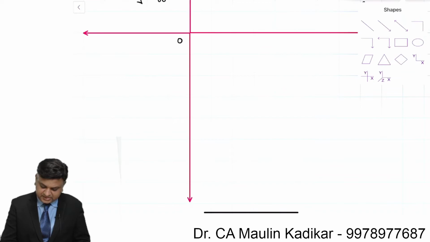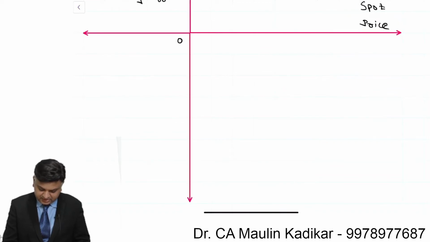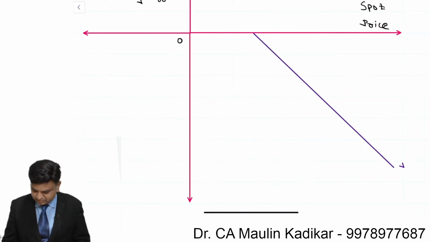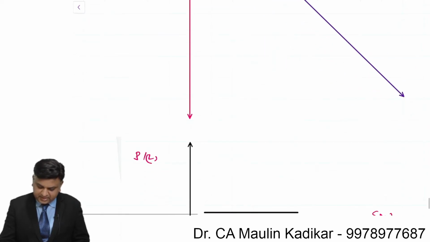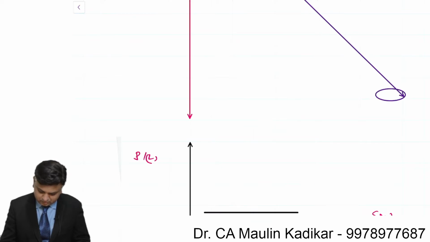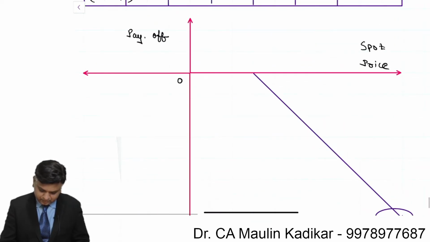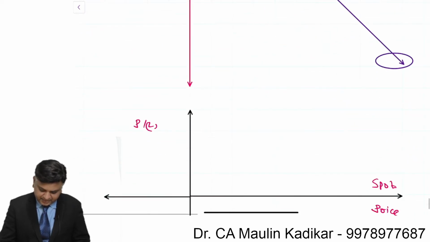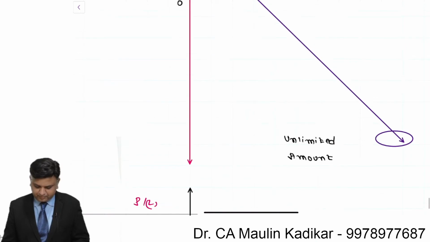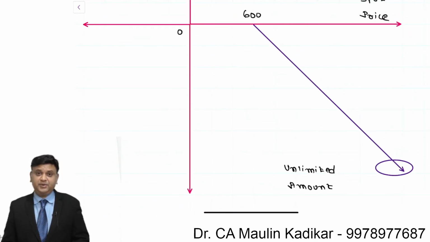So the diagram will have a kind of effect like this. This will be for unlimited amount. This is the spot price of 600 and this is unlimited amount. When the price increases, the payoff will become negative.